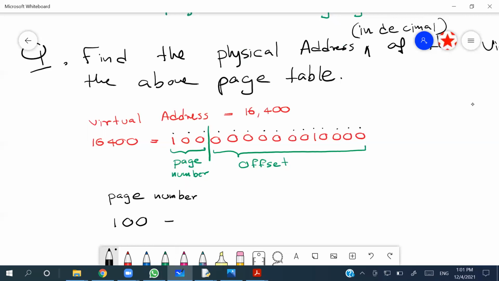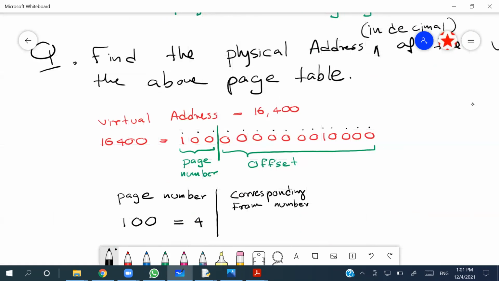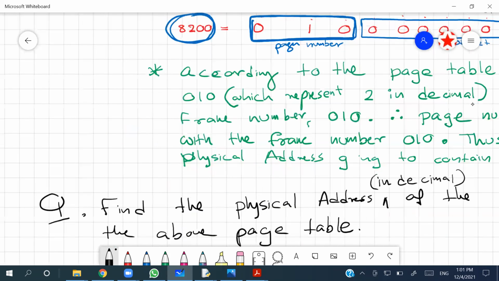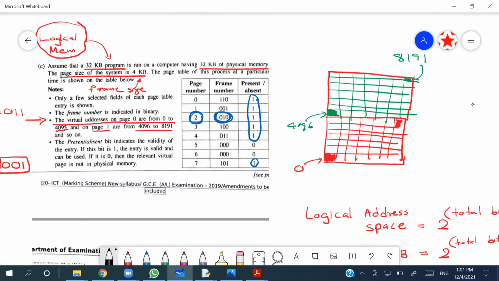This 100 in decimal represents 4. So the page number is 100, which means 4. So we look in the page table for the corresponding frame number for 4. So the corresponding frame number is what? 011.